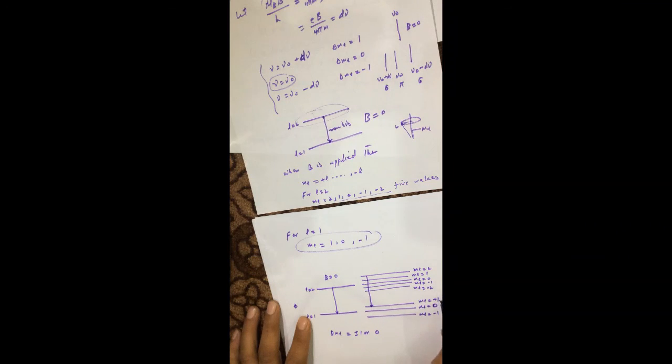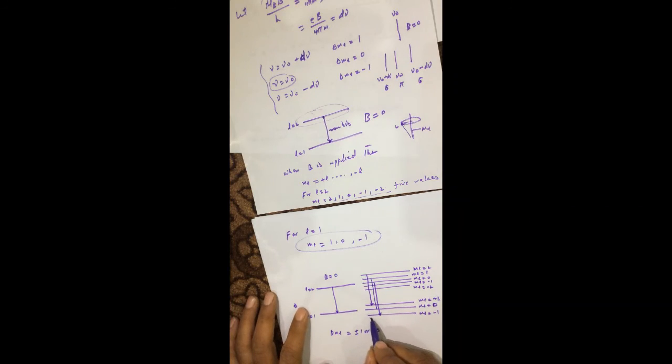The other possible transition is from here to here. For this ml value is 1, for this it's 0, so delta ml is 1. And the third possible transition is this one. For these 3 lines, delta ml is always 1.